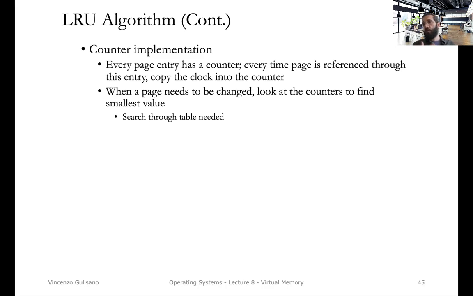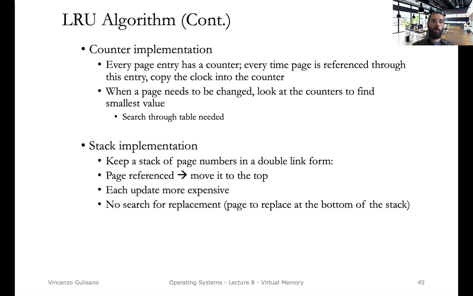The problem is that this is pretty simple, but you need to search through the whole table to find the smallest clock value, because the table is not necessarily sorted on the clock values. So to update the table, it's O(1) time, you just store the value of the clock, but to find the victim frame, it's O(N), where N is the size of the page table.